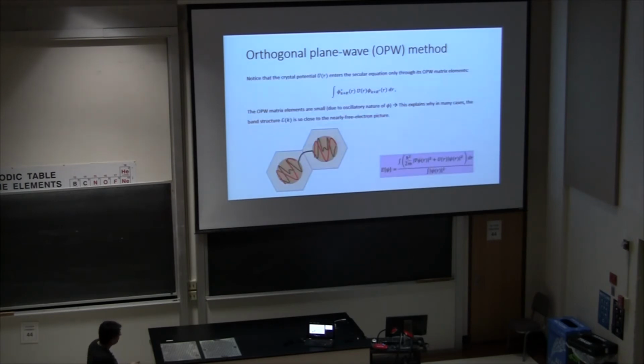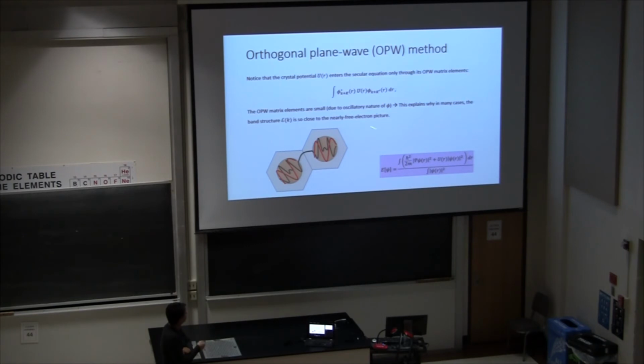I talked about this yesterday: when you plug it into this term, the e to the ik dot r term here will be cancelled, because you will have an e to the ik dot r and e to the minus ik dot r, and they cancel each other. Therefore, the contribution of the plane wave to the potential term in your variational approach will be negligible, will be zero.